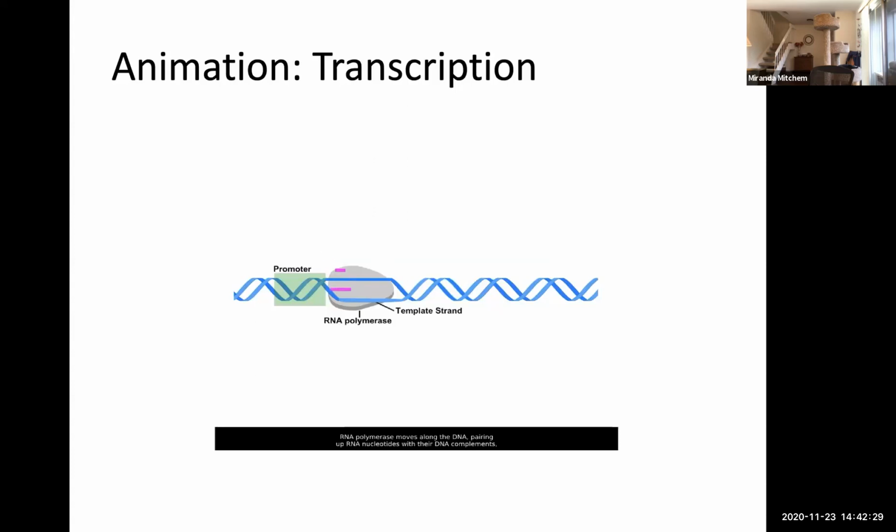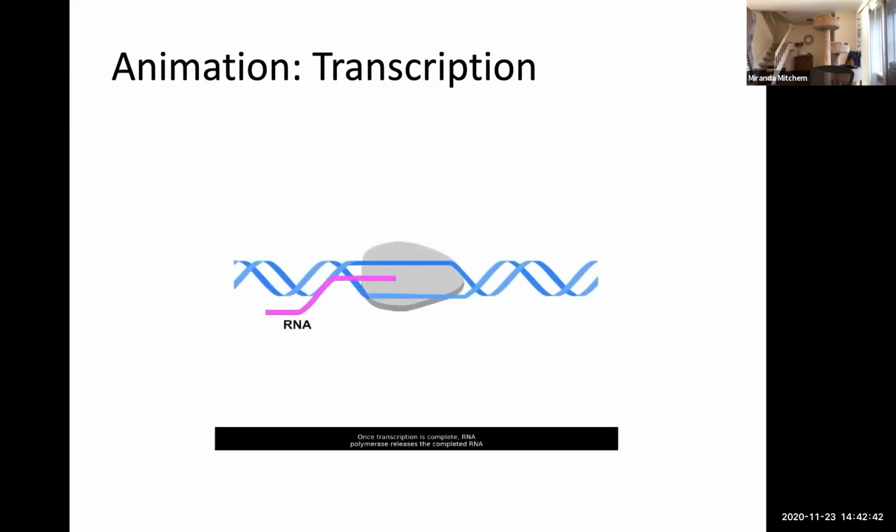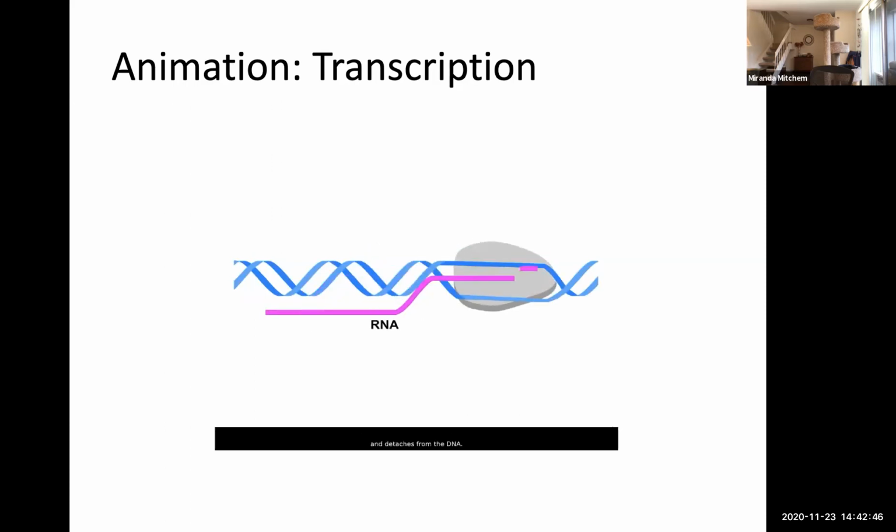RNA polymerase moves along the DNA, pairing up RNA nucleotides with their DNA complements, adding nucleotides to the end of the growing RNA molecule. Once transcription is complete, RNA polymerase releases the completed RNA and detaches from the DNA.